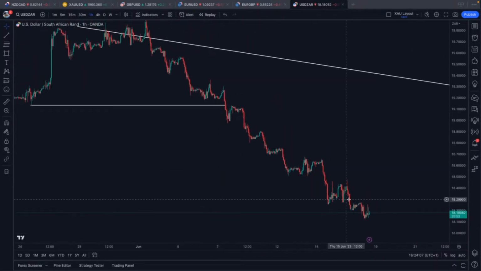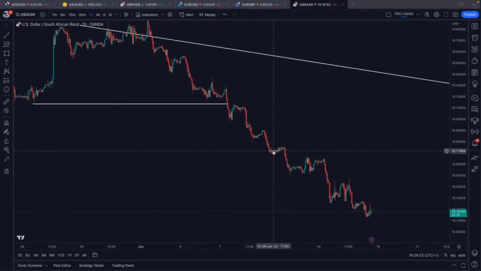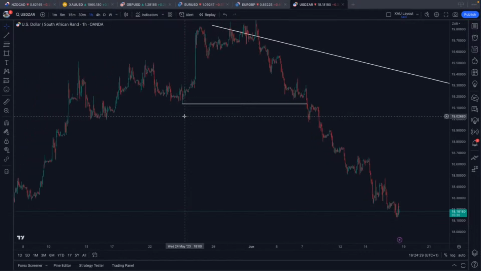So price was pulled into that, so that's been mitigated, that's mitigated that, that's come to clear that. It all seems okay in that respect.